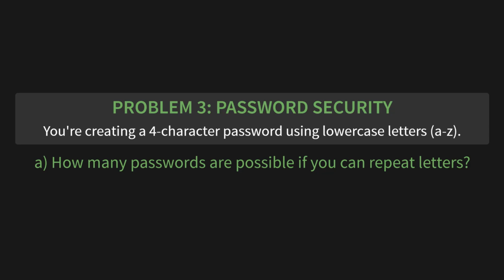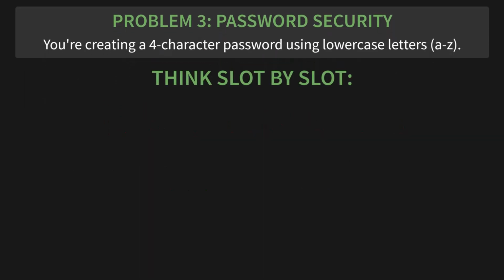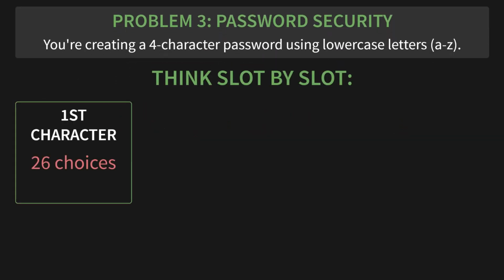You're creating a 4-character password using lowercase letters A through Z. First question. How many passwords are possible if you can repeat letters? This is the multiplication principle. When making sequential choices, multiply the number of options at each step. Think slot by slot. First character, 26 choices. Second character, 26 choices.